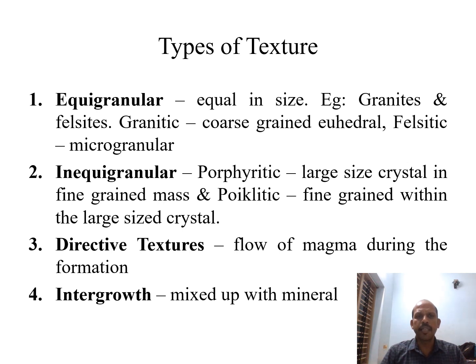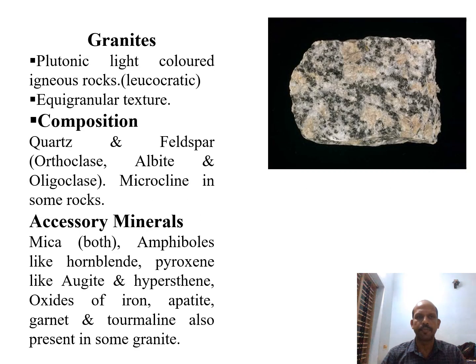In inequigranular, the crystal size varies, and it can contain small grains, bigger grains, and medium grains. The third one is directive texture. It's formed by the flow of magma. When the magma flows down and during this flow gets cooled, the texture which is formed is called directive texture. Intergrowth is mixed up with minerals. A lot of minerals will be mixed up.